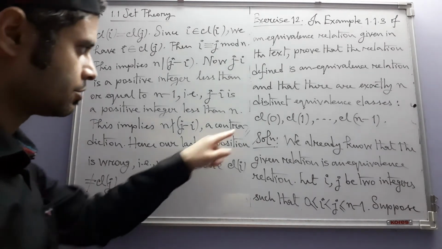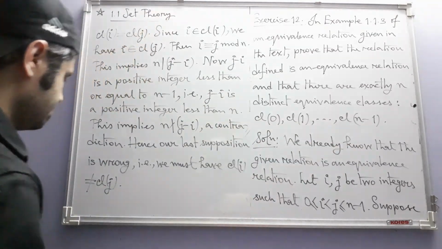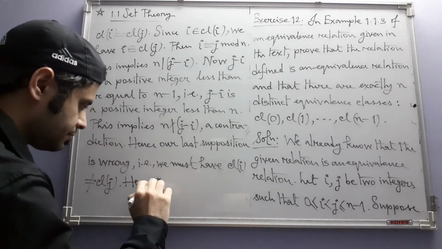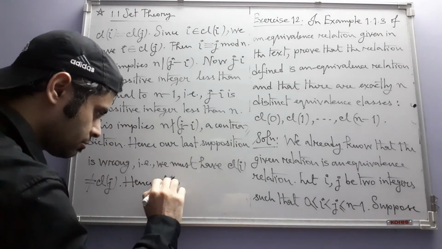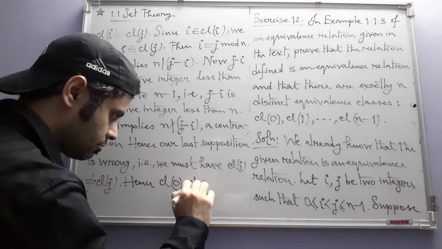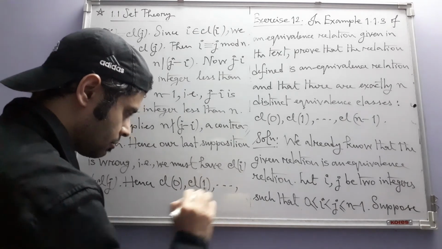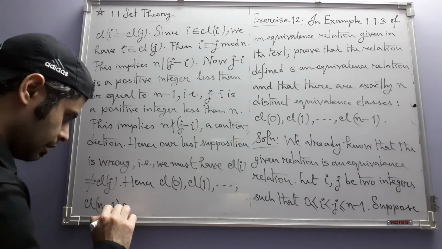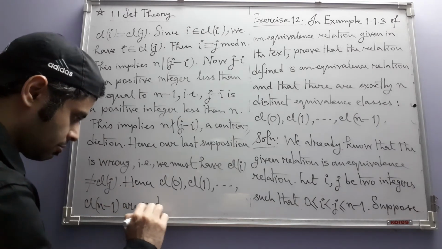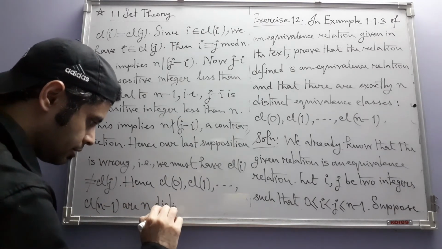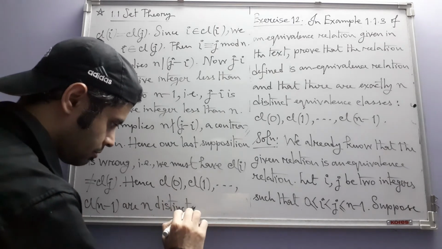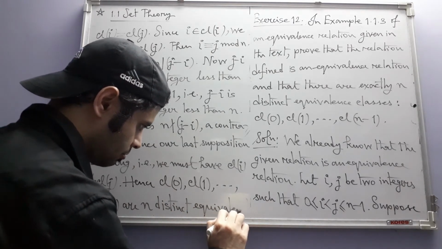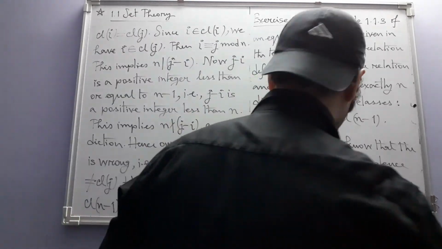So they are distinct. So all these are distinct. Hence, there are n distinct equivalence classes.